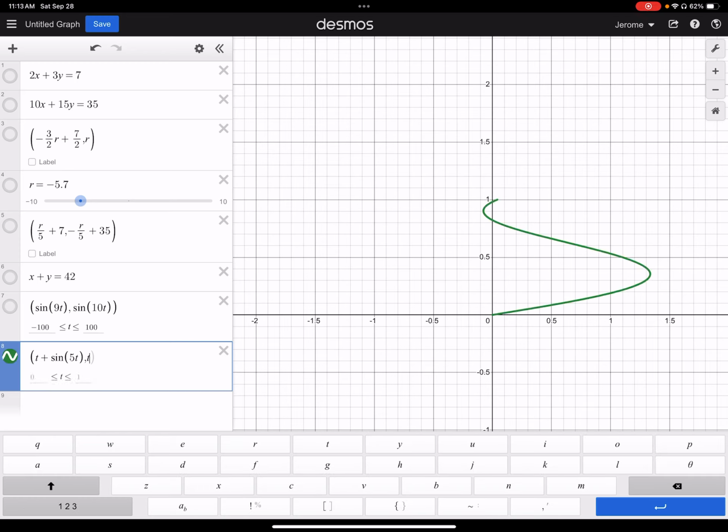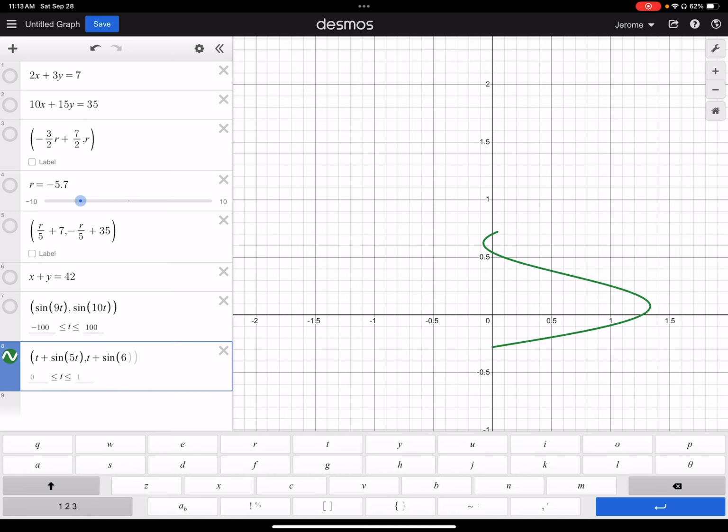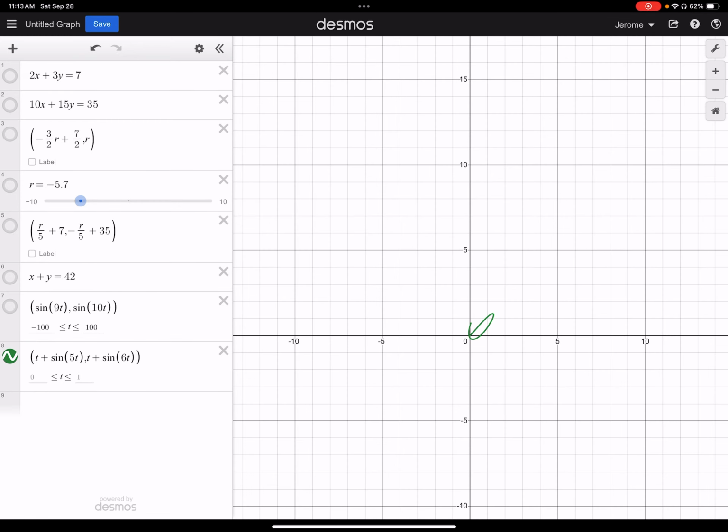Anyway, so t plus, and this one's going to be sine of 6t. So t plus sine of 6t, and then go back over here to t. All right, well, that looks a little weird. I need to change this parameter a little bit, and let me kind of zoom in.